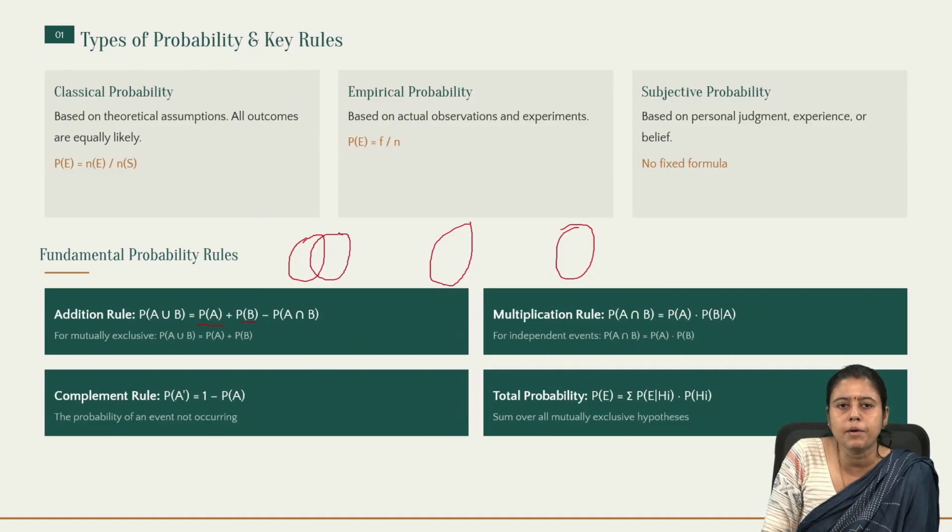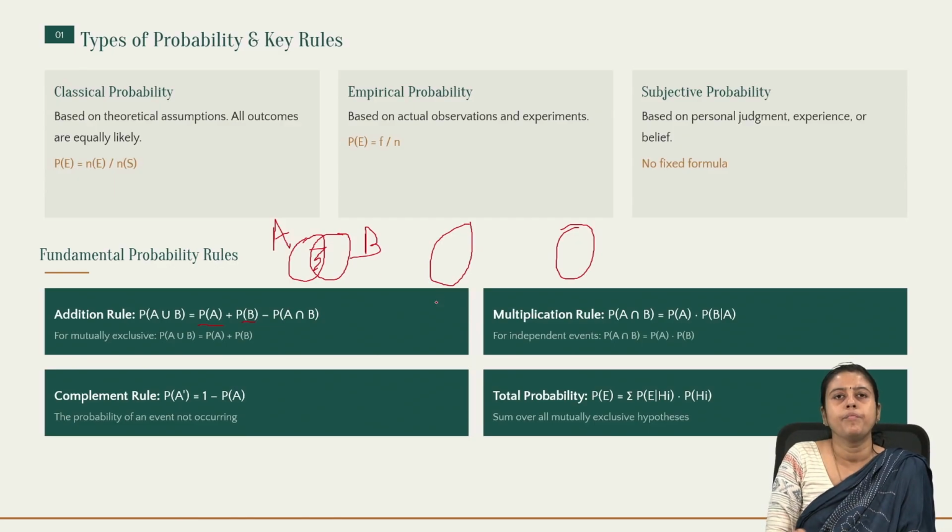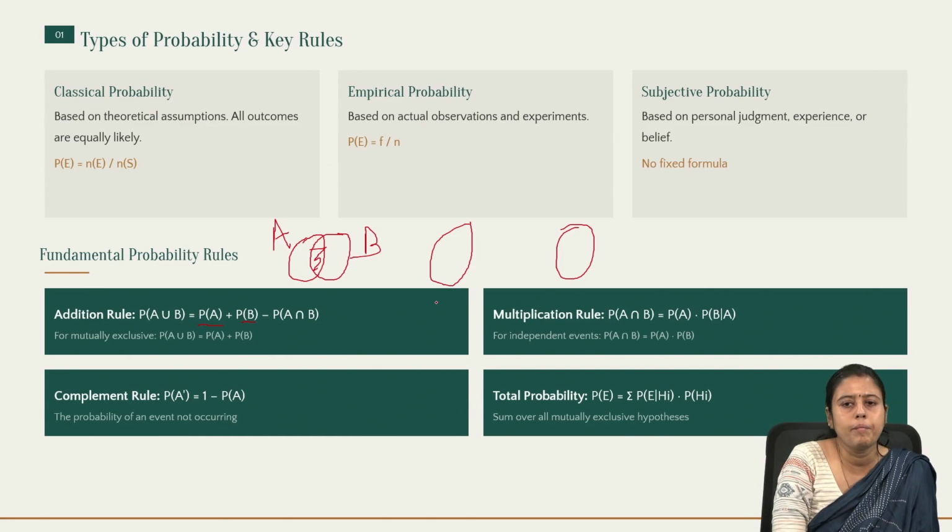So what is the total probability? Probability of A plus probability of B minus the probability of the common space. This is called the addition rule of probability.